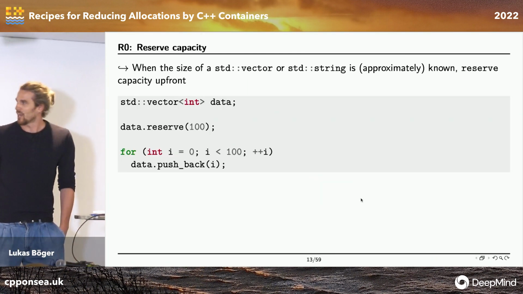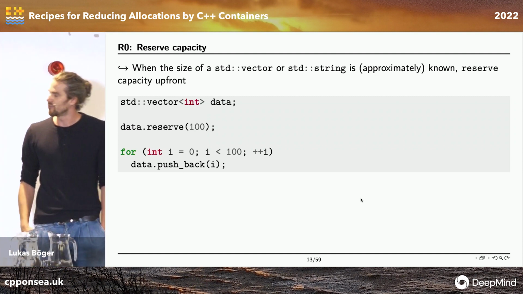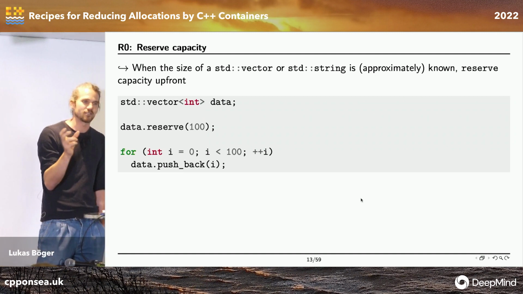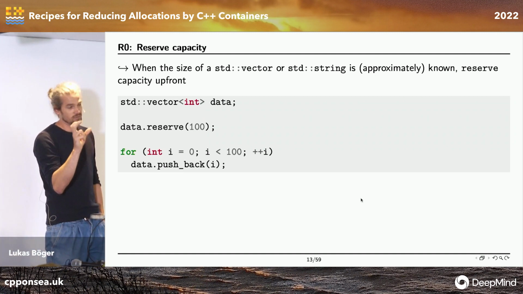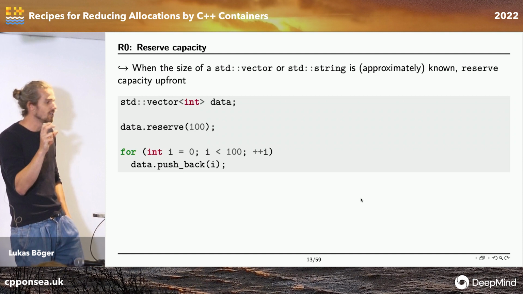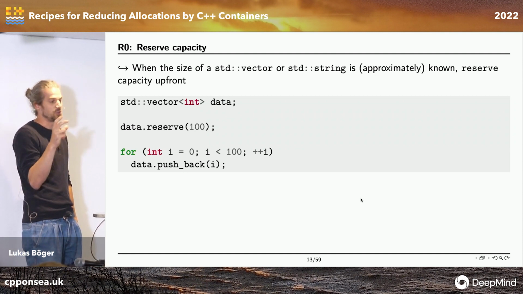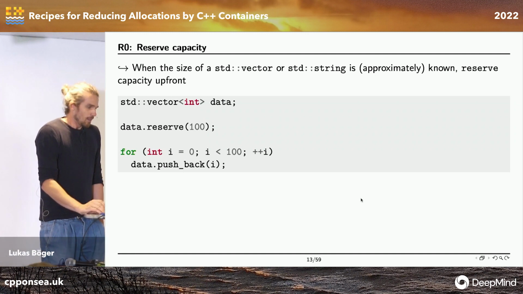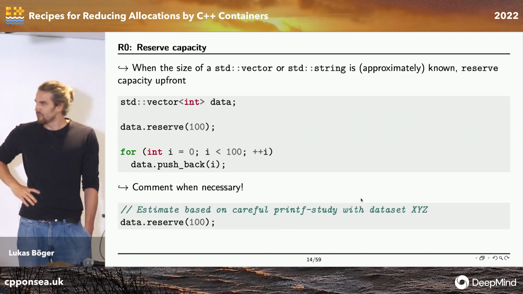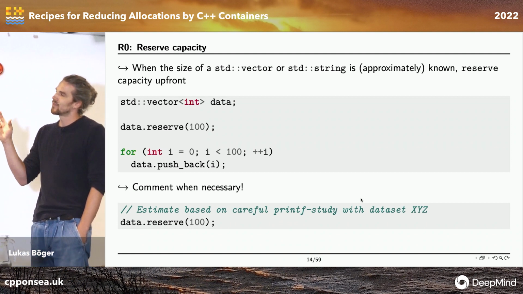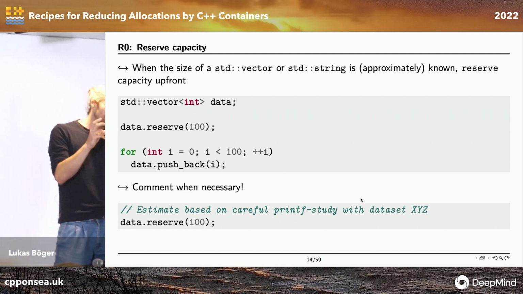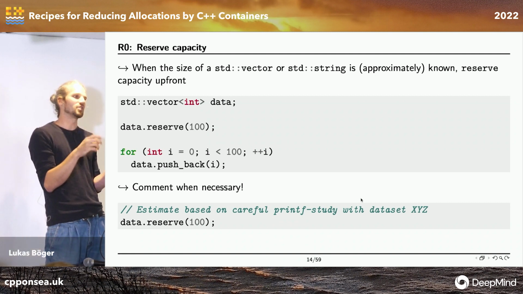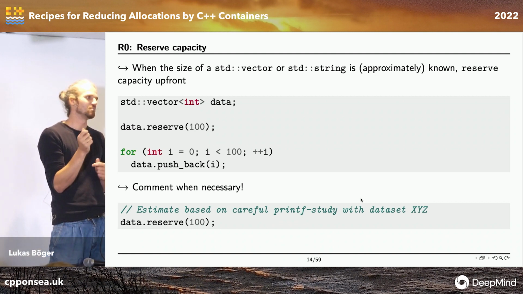This is just a recap. Whenever the size of a std vector or std string, but really any container that has a dynamic contiguous sequence, is known, we use the public API to reserve this capacity upfront, right? I've certainly seen usages of reserve that were a bit cryptic because sometimes it's not really clear from the context what the numbers mean.